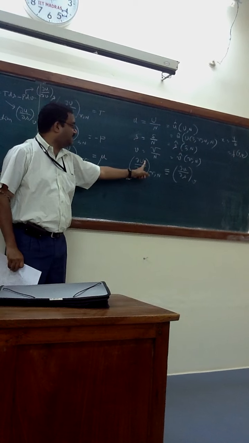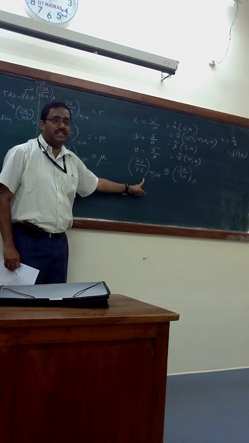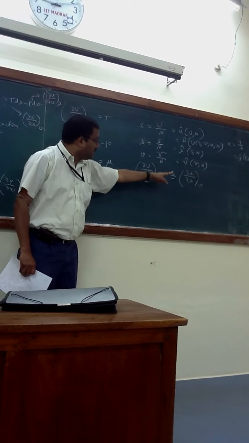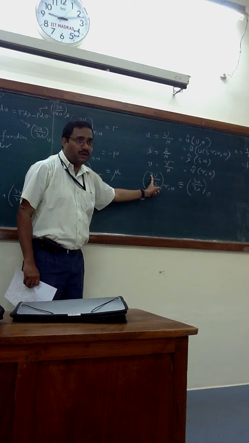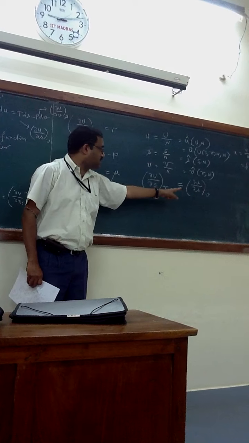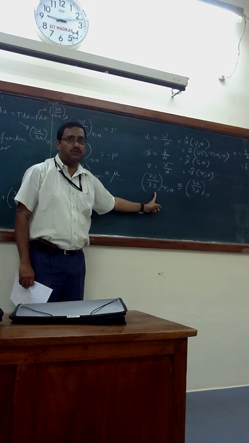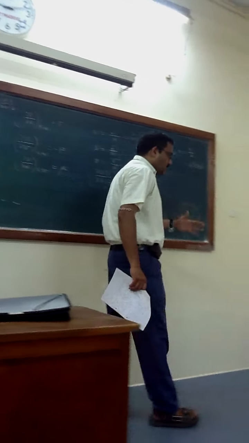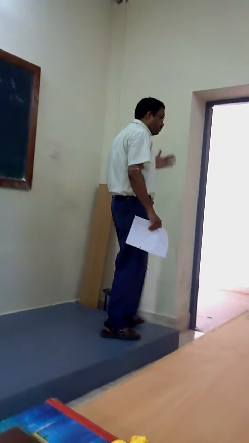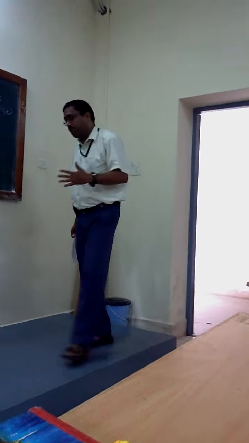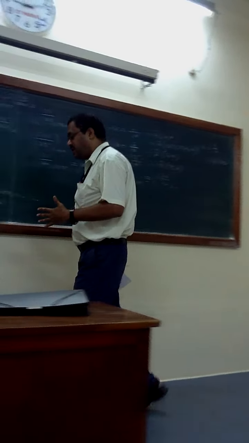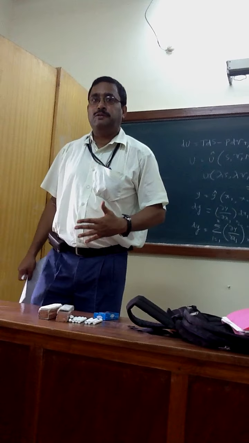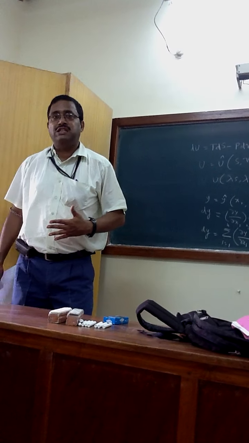Change of one extensive property with respect to other extensive property is equal to change of the specific property corresponding to that with respect to the change of other specific property corresponding to that. What I am trying to say here? Change of first extensive property with respect to second extensive property is equal to change of first specific property with respect to second specific property.